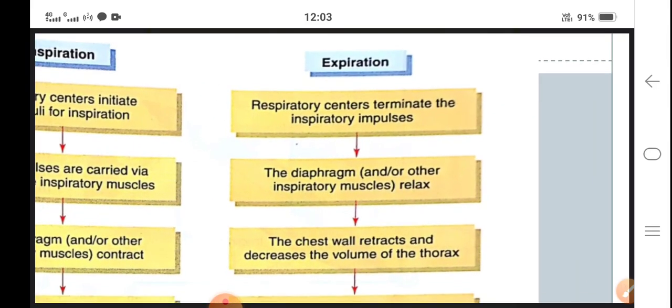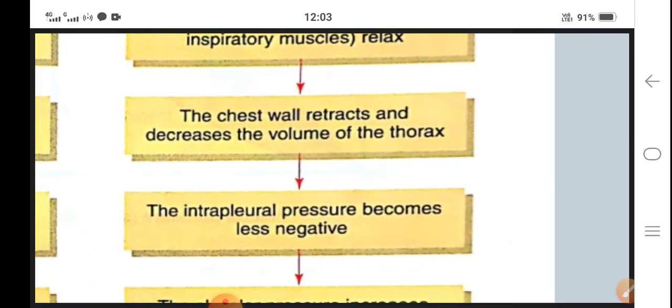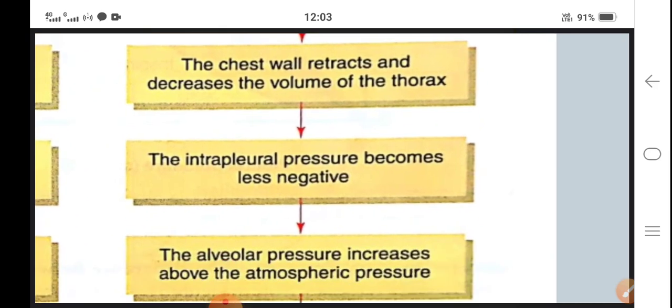For expiration, the respiratory center terminates the stimulus for the inspiratory impulses. The diaphragm and the inspiratory muscles relax. The chest wall retracts and decreases the volume of the thorax. The intrapleural pressure becomes less negative.